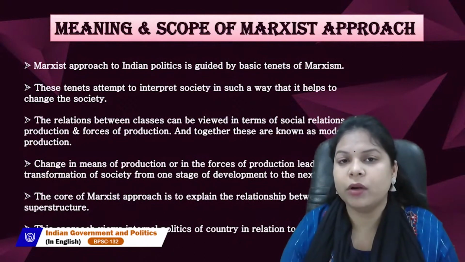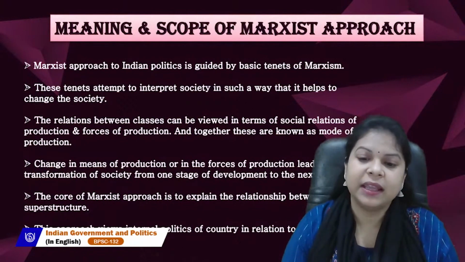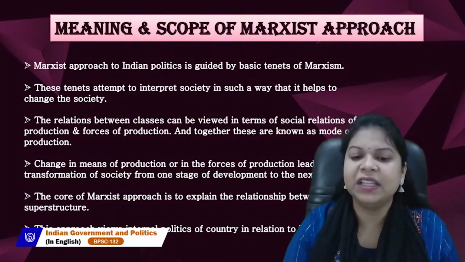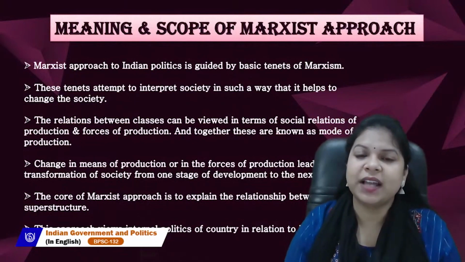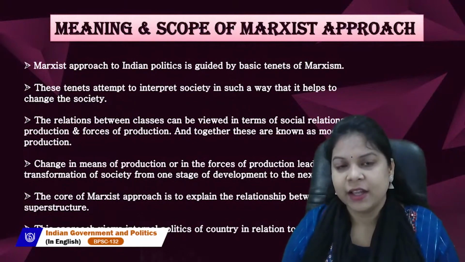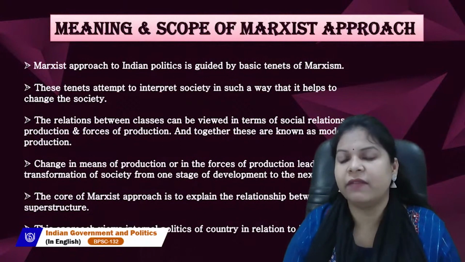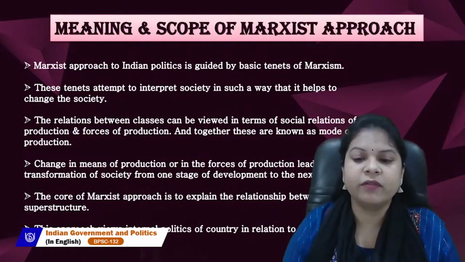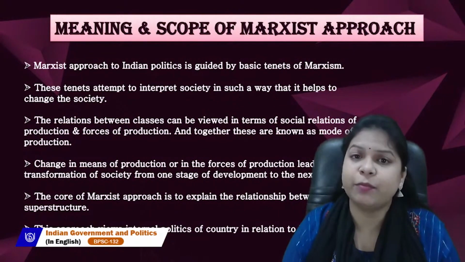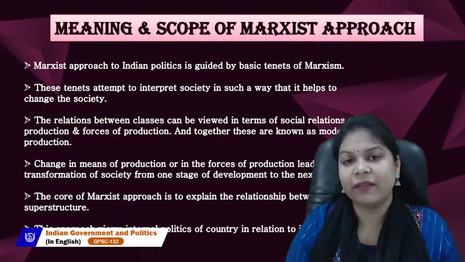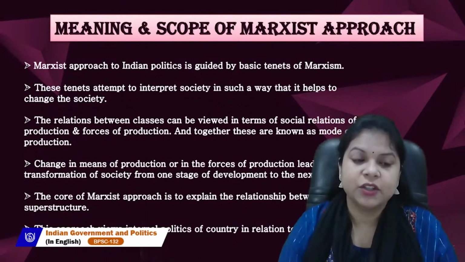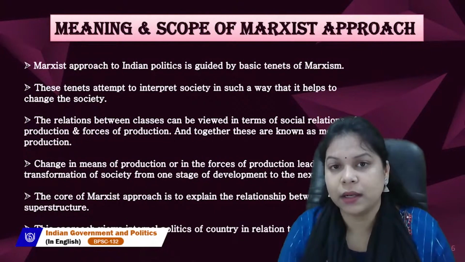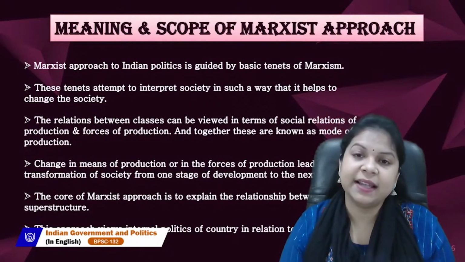As we have learned about historical materialism, as the means of production change, society evolved into different stages: from primitive communism to slavery, then slavery to feudalism, then capitalism. The core of the Marxist approach is to explain the relationship between base and superstructure.